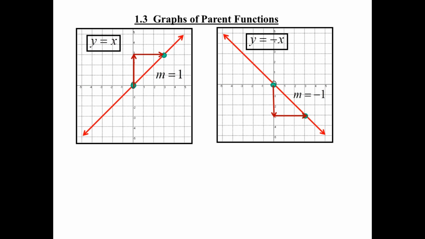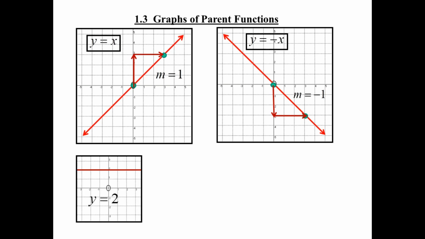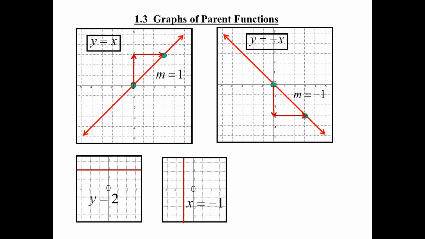As long as we're talking about lines, let's just review the basics of lines from grade 9. If y equals a number, it's a horizontal line, like this one. If it's x equals a number, like x equals negative 1, then it's a vertical line, like this one.